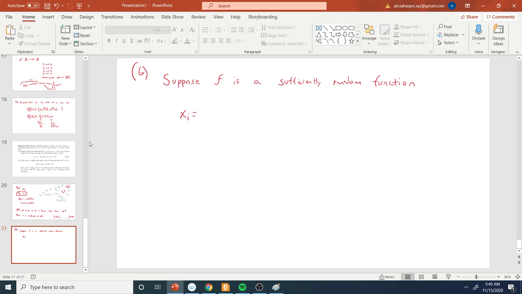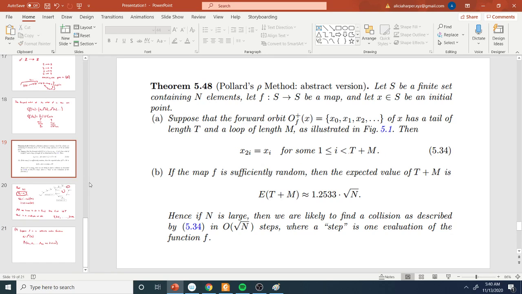Recall that I'm taking x sub i here to be f composed i times applied to x naught. And I'm interested in the probability that x naught, x1, all the way through x sub k minus 1 are distinct.